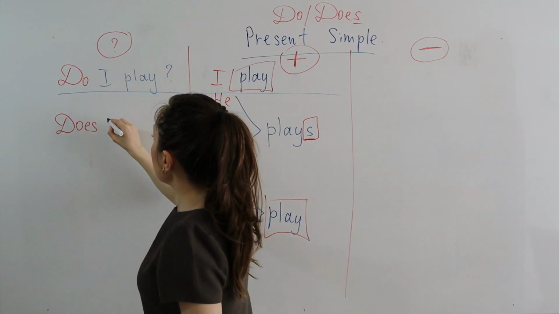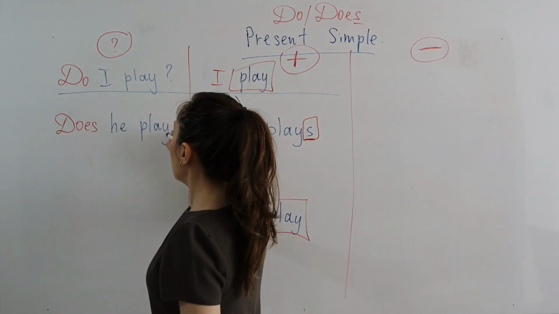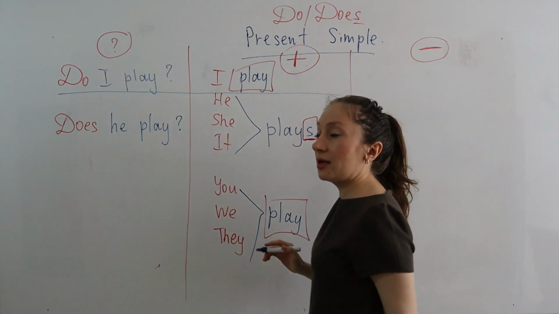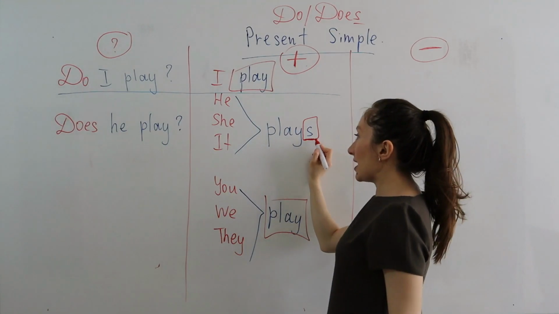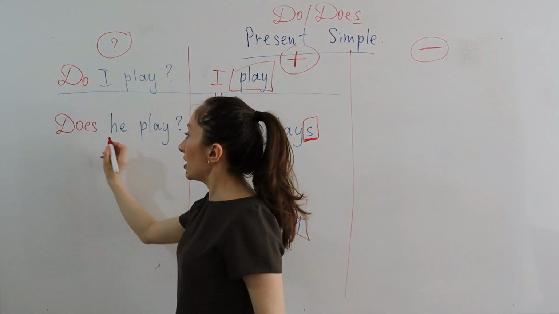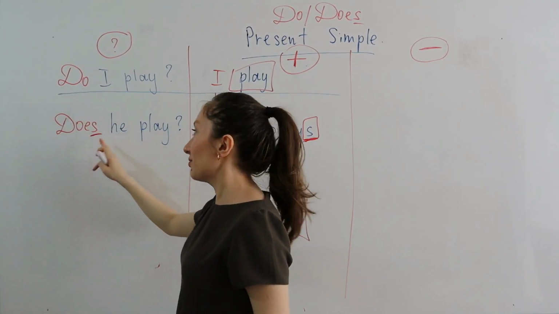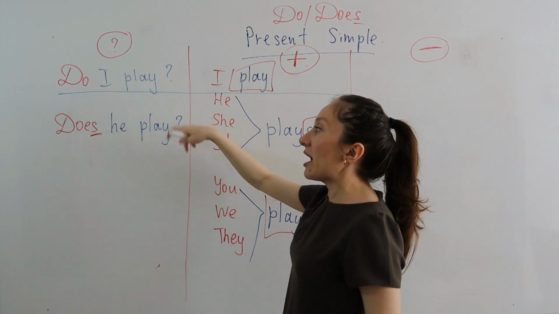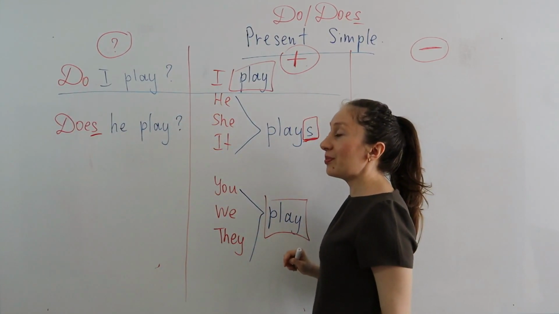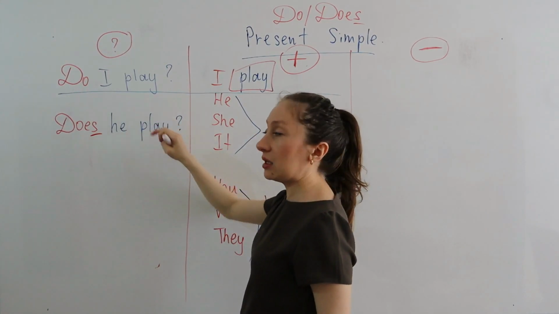And it will be like that. Does he play? Do you see what happened? So the S ending that we have here, it disappears. Imagine that it goes here. We change S to this side, right? So we don't have S ending here. Does he play? So we have the first form of the verb, play.